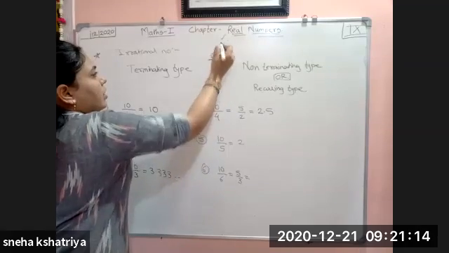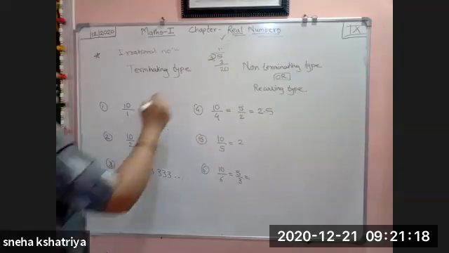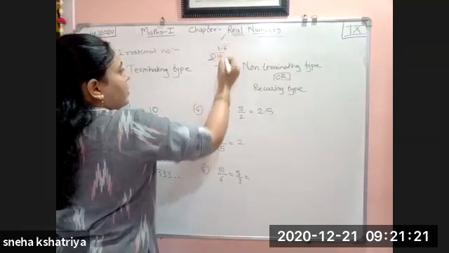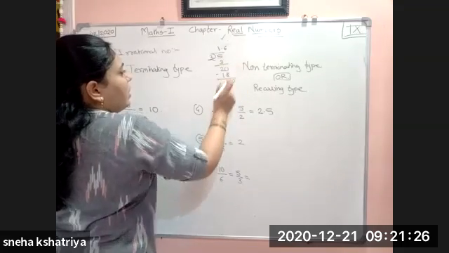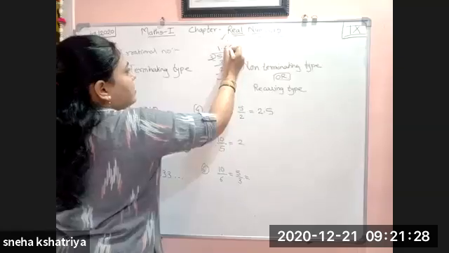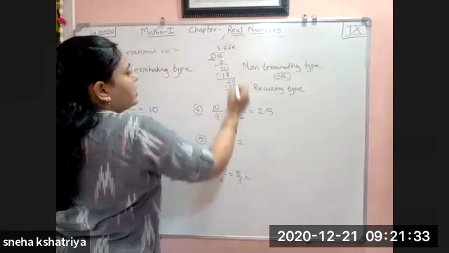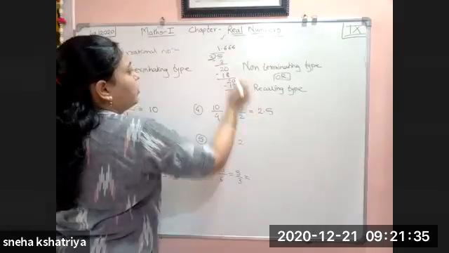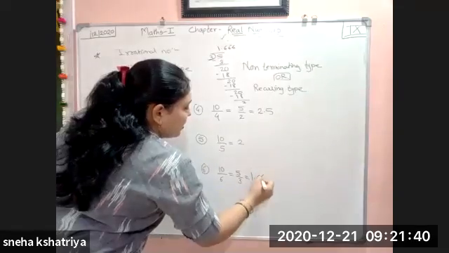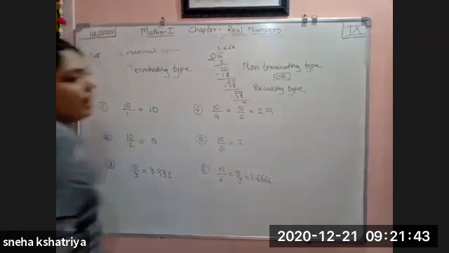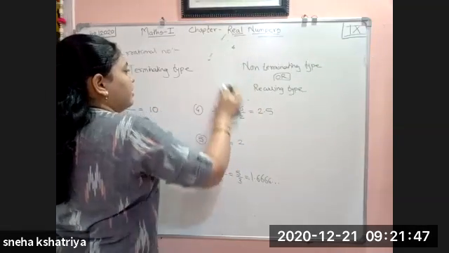Take a 0, keep a point. 3 sixes are 18, again 2, take a 0, again 20, 3 sixes are 18, remaining 2, and it continues in the process. So it is 1.666666 and so on. Okay, the number is continuing.